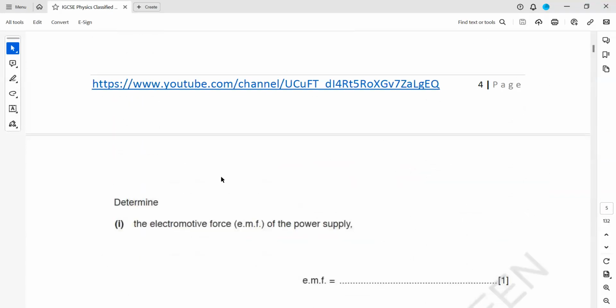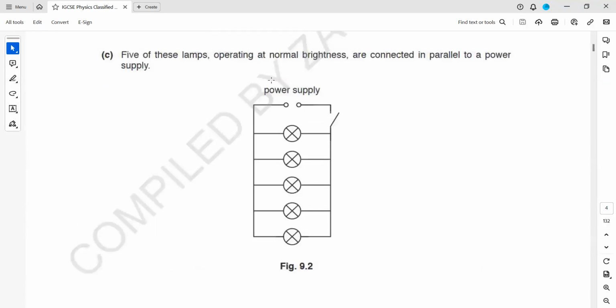How can we work out the current from the supply? When they are working at normal brightness, each lamp is receiving 0.72. So how much is the current from the supply? If each branch is 0.72, we multiply by 5, because the current divides in the branches.